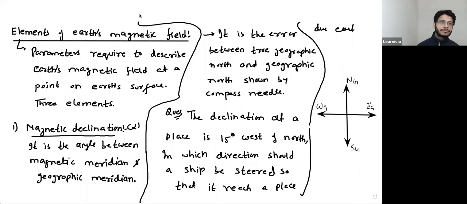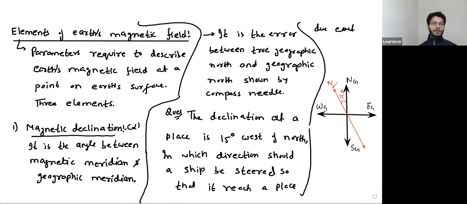Now, your bar magnet or your compass needle is showing north 15 degrees west of north. So this is basically the direction of your compass needle. This is the north which is represented by your compass needle. This is giving an error of 15 degrees.